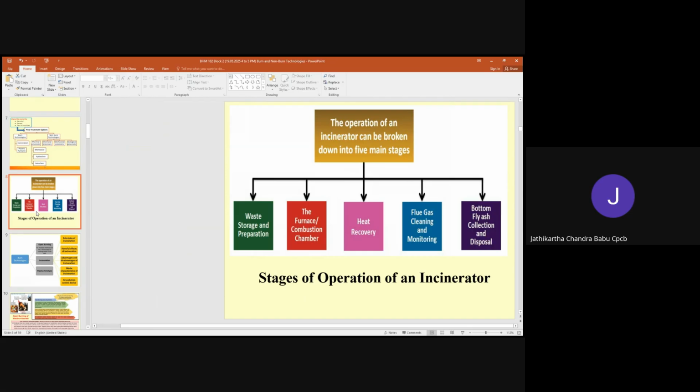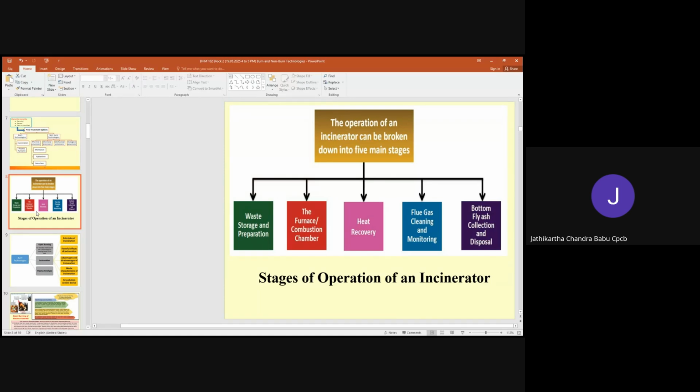Carbon in the presence of oxygen is converted into carbon monoxide, and in the secondary chamber, in the presence of adequate air and fuel, the carbon monoxide is converted into carbon dioxide. That is the complete combustion. Combustion means carbon in the presence of oxygen should be converted into carbon dioxide. Then it is called proper combustion.